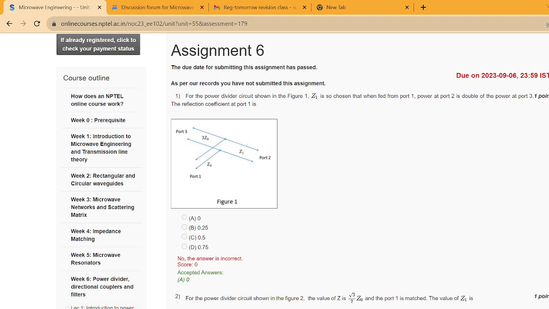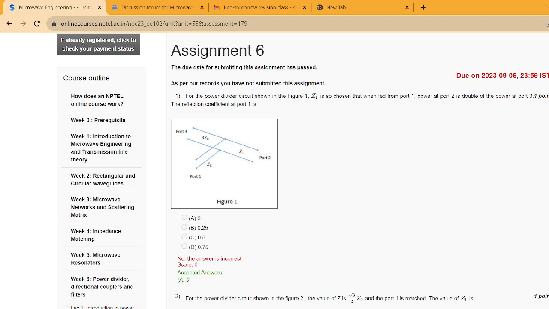Now what do we do? I have to write that P2 is 2 times P3. So half V square by Z1 is equal to 2 times 1 by 2 V square by 3Z0. Half and half get cancelled. V square gets cancelled. Now what remains is Z1.